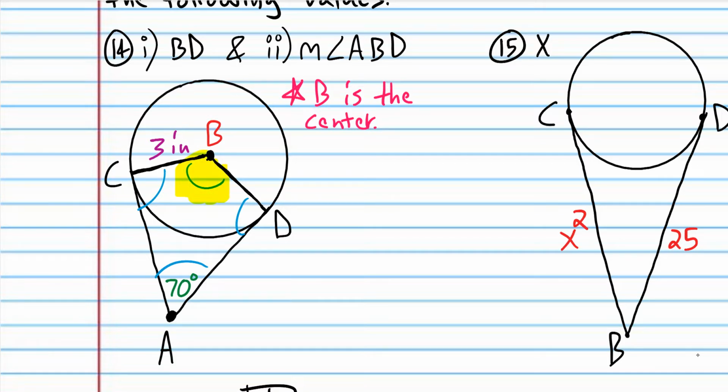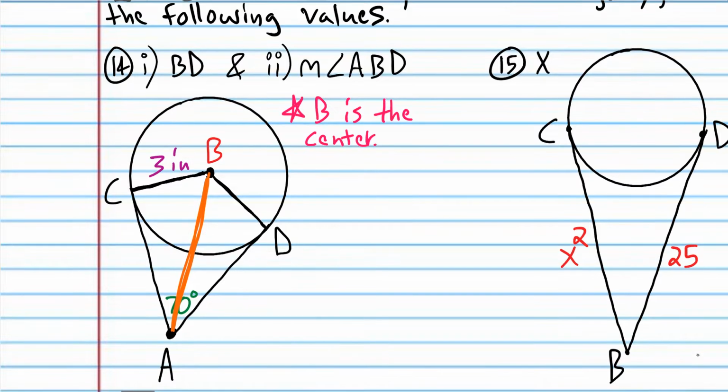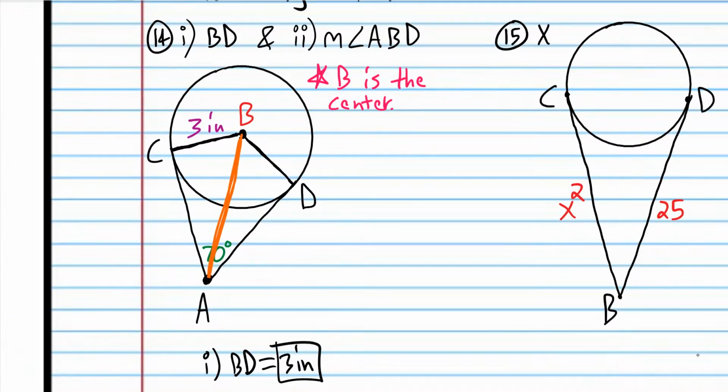And then we could just divide that by 2, because we know that if we split this into 2 triangles, this side and this side are congruent, and obviously this side is congruent. And we have another theorem that tells us that if a point outside of a circle is connected with 2 tangents, then those tangents must be congruent.